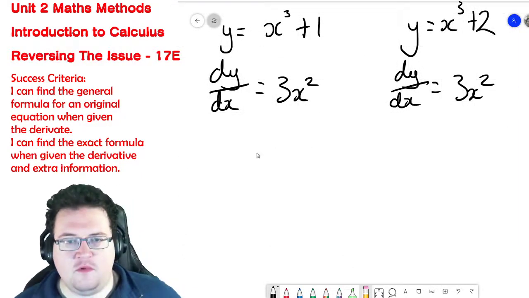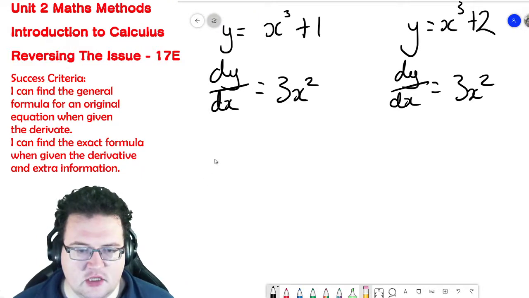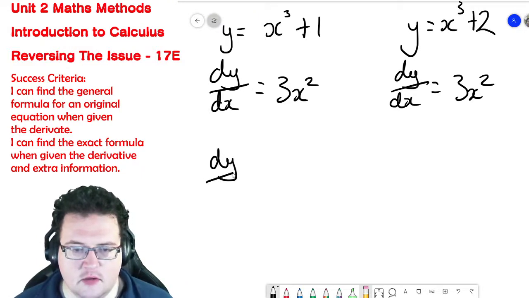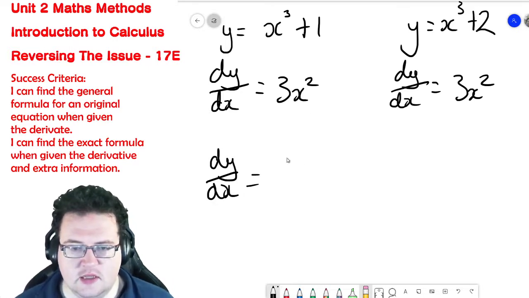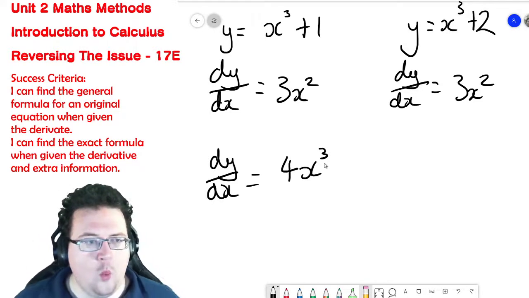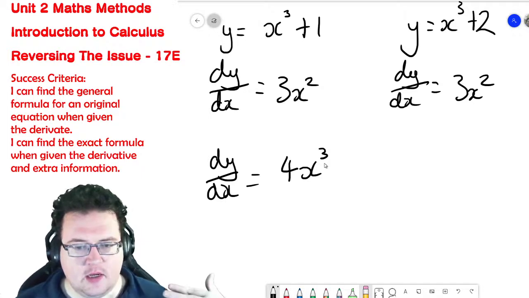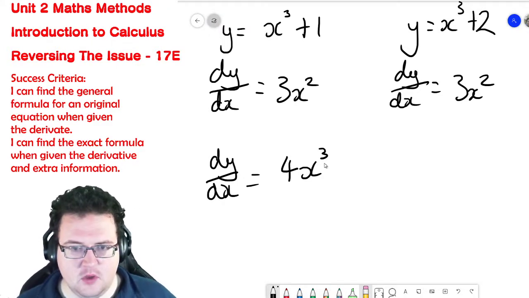So what we've got here is, I'm going to say dy dx is equal to 4x cubed. What function would create that derivative equation?